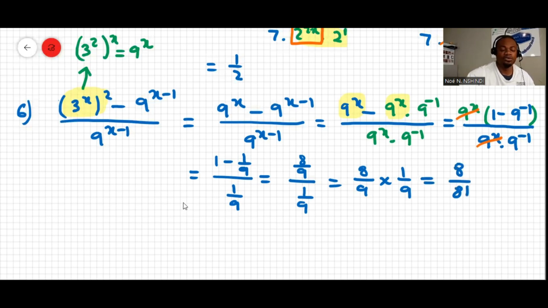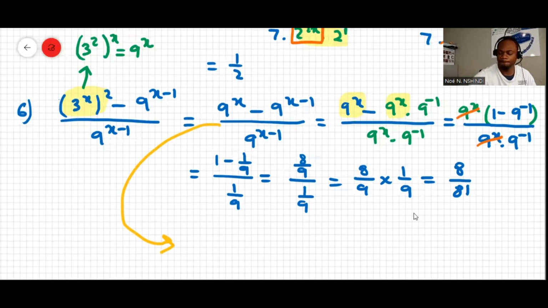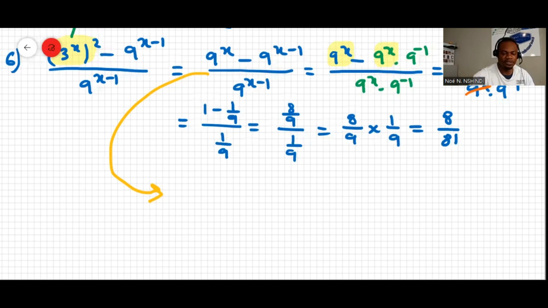Or alternatively, we can do this. Because we have 9 to the x minus 1 here, from here we can do this. Let me write it over here. We get 9 to the x minus 9 to the x minus 1 over 9 to the x minus 1.